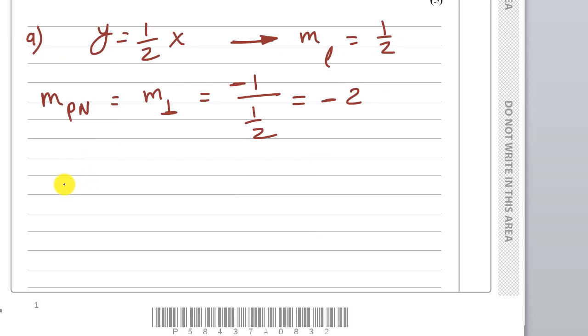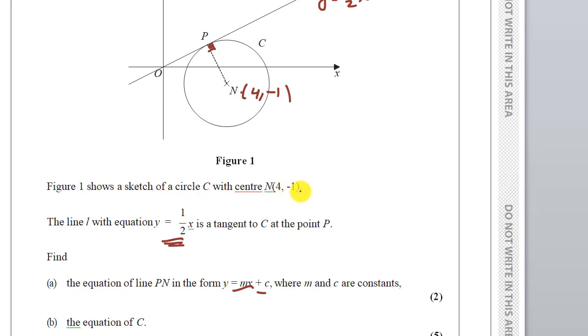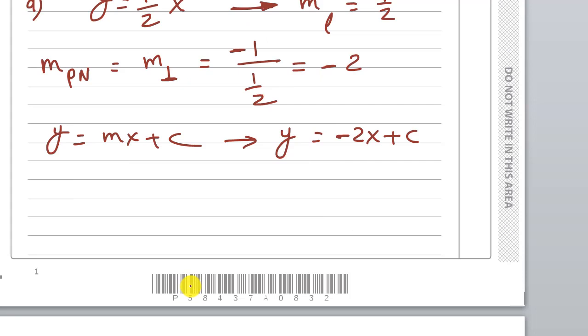Now the equation: y equal to mx plus c. So y is equal to minus 2x plus c. Point N, which is 4 and minus 1, lies on the line PN.